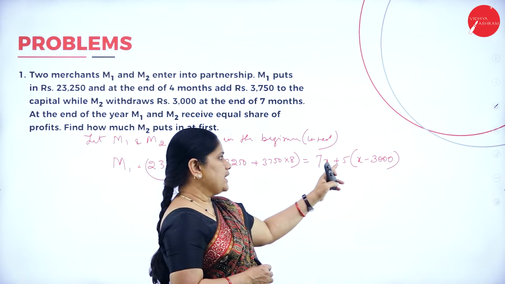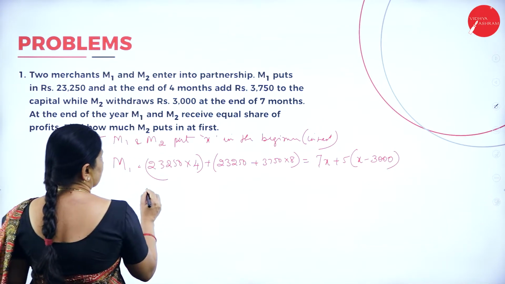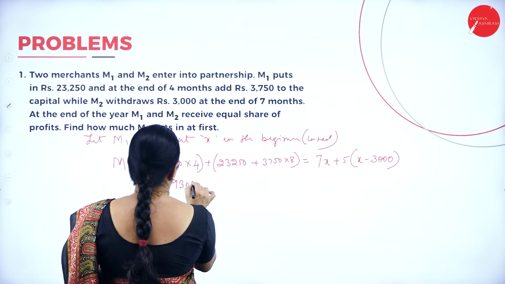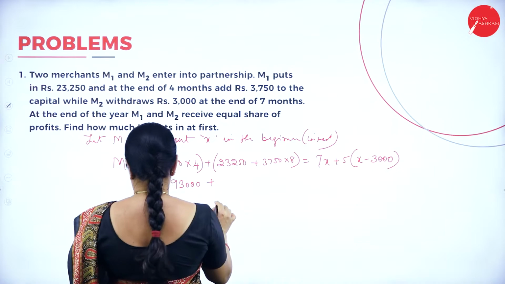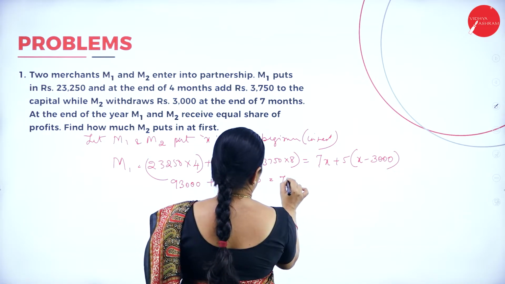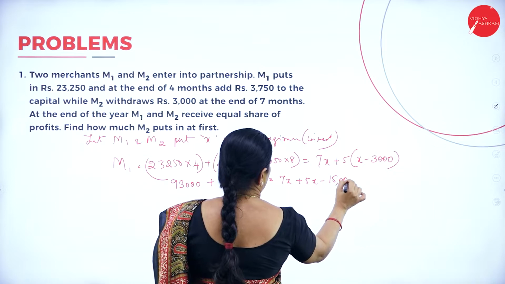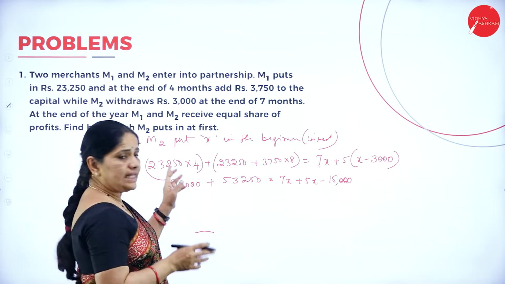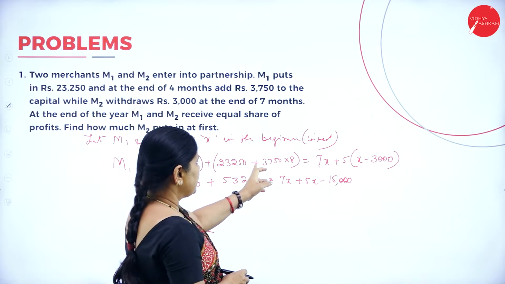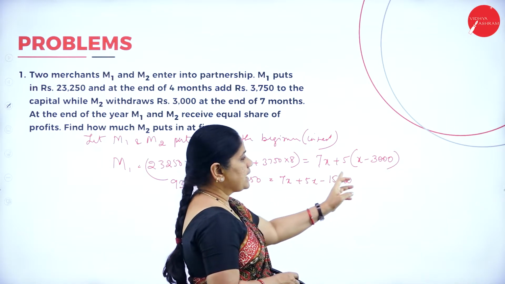When we simplify this, in the next step 23,250 into 4 gives 93,000, plus 23,250 plus 3,750 into 8 gives 53,250, equals 7x, 5 into x is 5x minus 15,000.